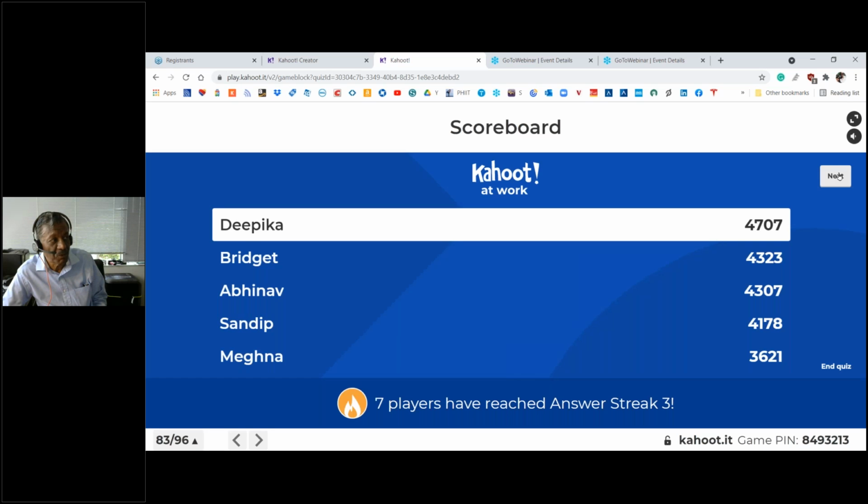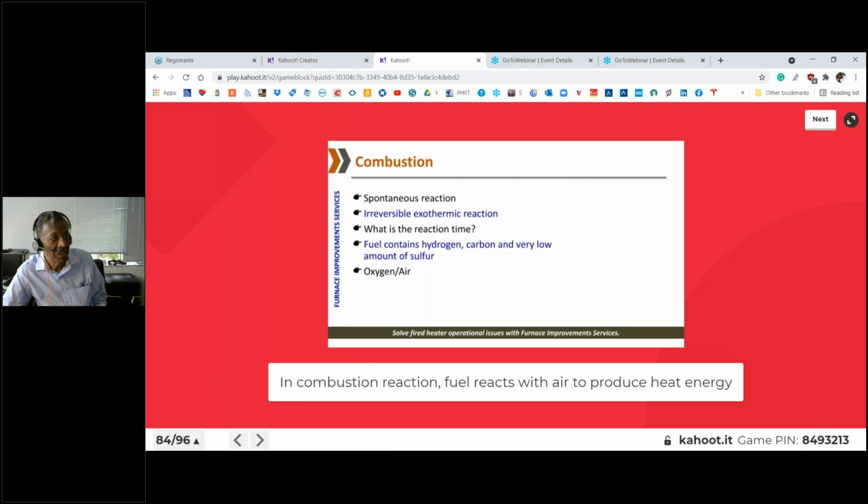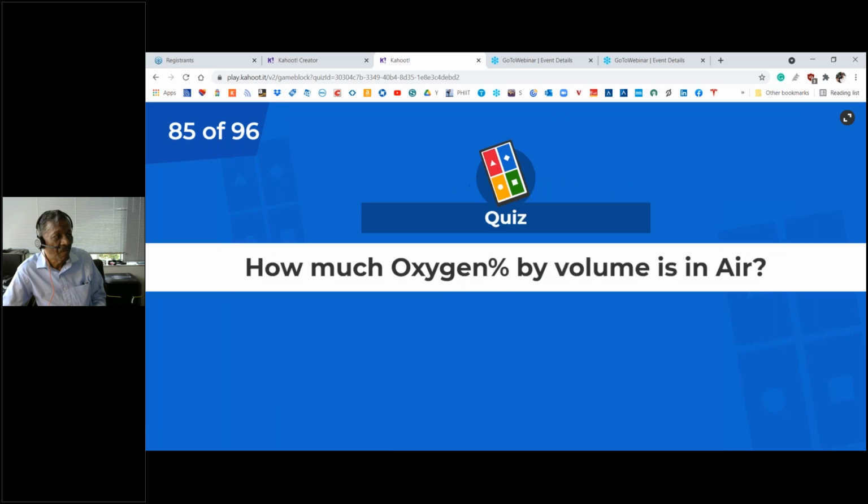Combustion reaction is a spontaneous reaction. Reaction time is very, very fast, could be 0.1 second to 0.2, 0.5 in case of liquid fuels. But reaction is very, very fast, spontaneous reaction. Combustion fuel contains carbon, hydrogen, and very low amount of sulfur, and oxygen is coming from air. That's typically how we get it.